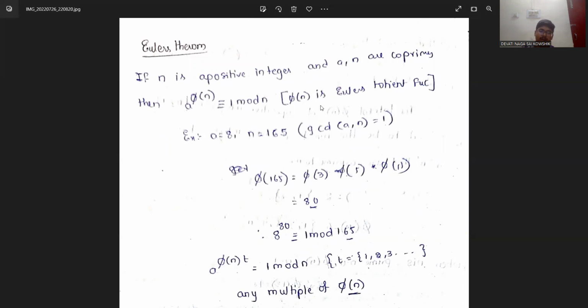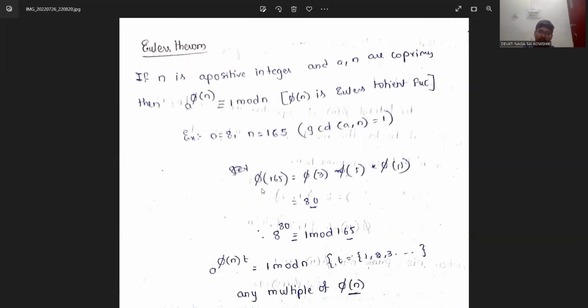Let's take an example and verify whether Euler's theorem is satisfied. Let a equal 8 and n equal 165, and GCD of a comma n should be equal to 1, and GCD of 8 comma 165 is 1.